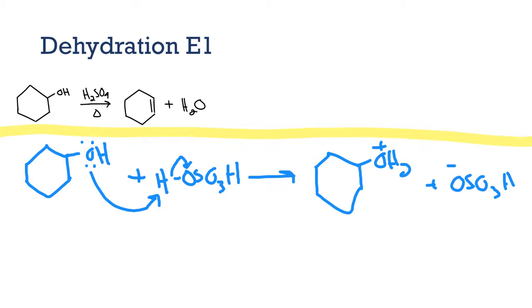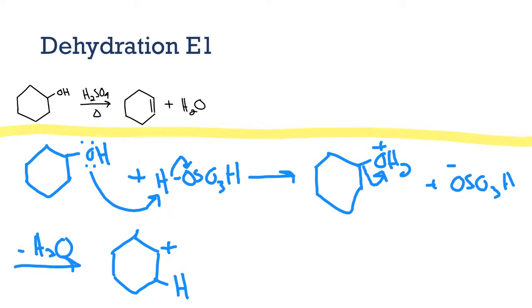So this good leaving group will then come off, so this carbon-oxygen bond will break, that water will come off. Okay, and then we'll form a carbocation. Okay, and here I again have two beta hydrogens or beta carbons, but they're equivalent, so it doesn't matter which hydrogen I take.